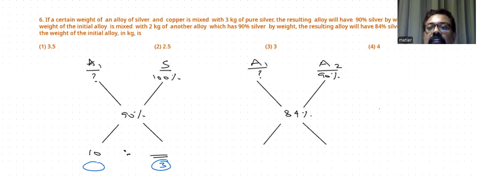Now, this alloy with 90% silver is taken 2 kg.